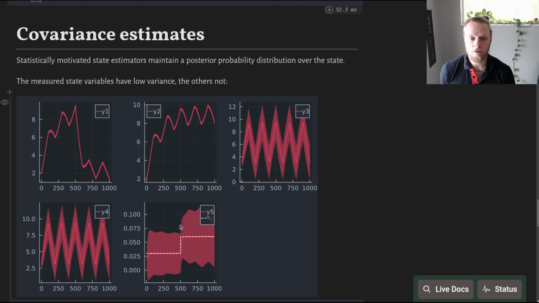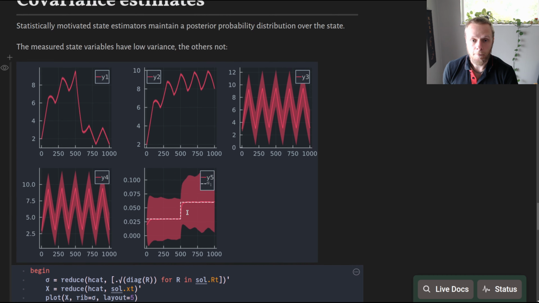Then we would have to reconsider, maybe by an additional sensor or somehow in some other way measure this parameter. But here we have a bounded and non-increasing covariance, indicating that yes, we can estimate this parameter using the data we have available. So that's nice.